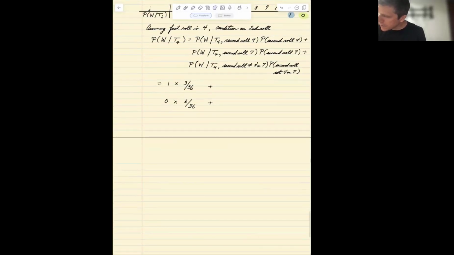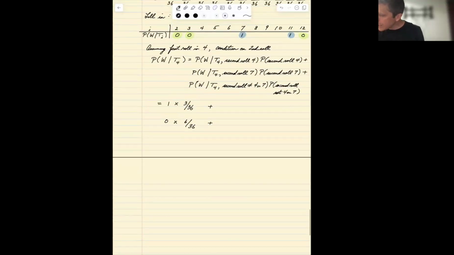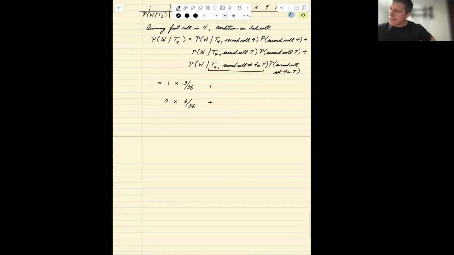And then finally, the probability that we win given the point is 4 and that the second roll is neither a 4 nor a 7. What is that? That means the game continues, and we're playing again where we try to get a 4 or a 7 on the third roll. This probability takes a little bit of thought and there's a little bit of an assumption here.